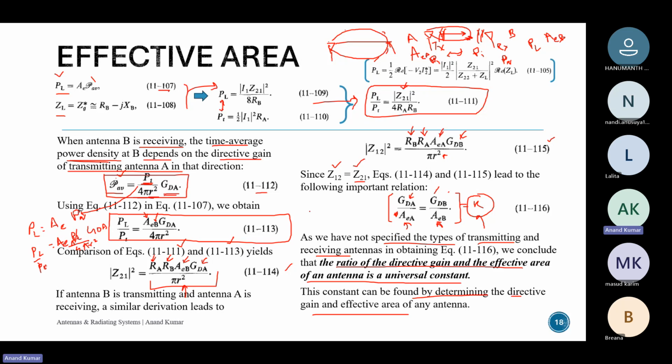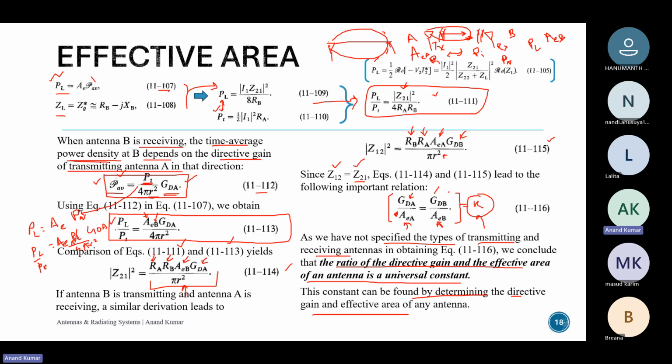So I'll pause over here and let you go through the steps that we went through. We calculated the power at the load. We calculated the power transmitted. We took its ratio, and again we calculated the average power incident on the receiver, which is dependent upon the directive gain of the transmitter.